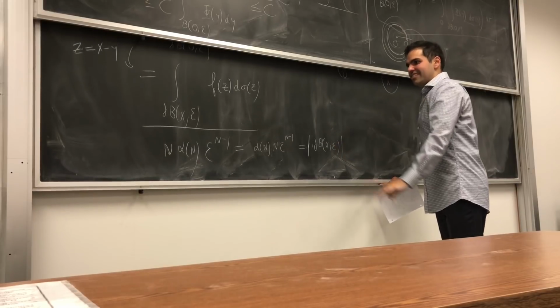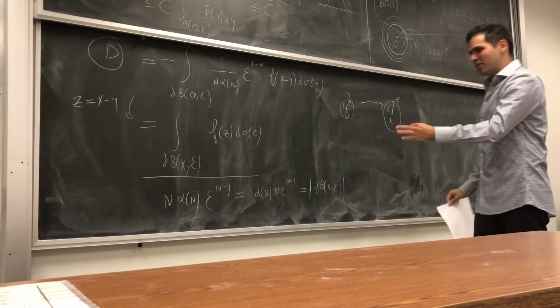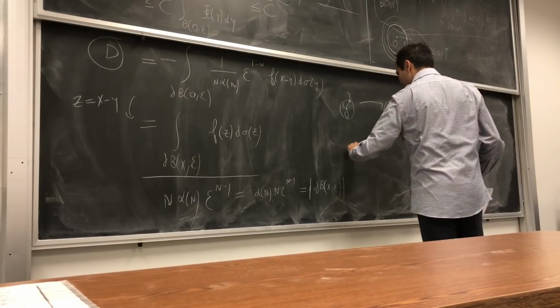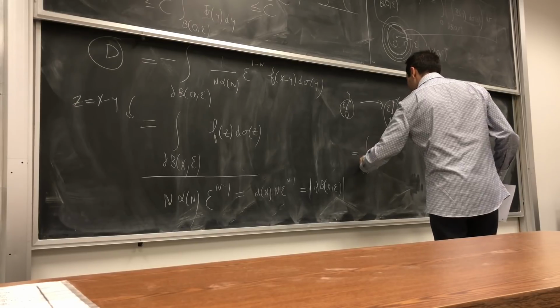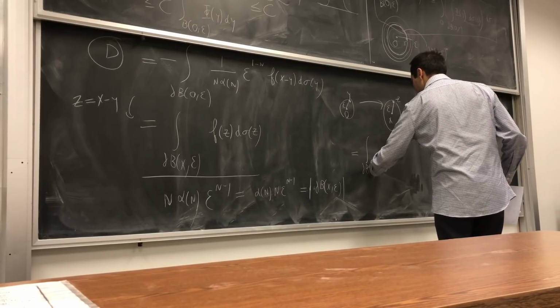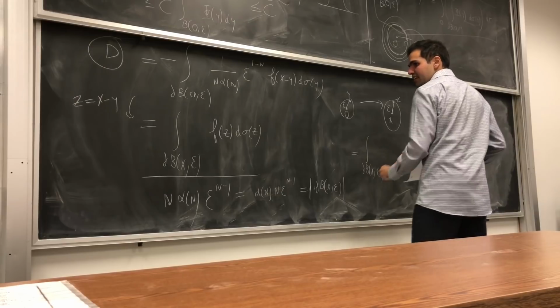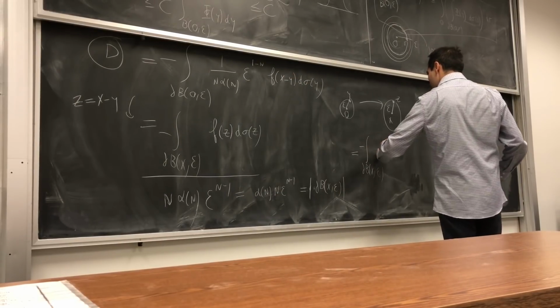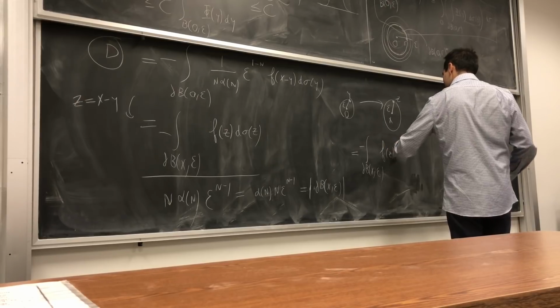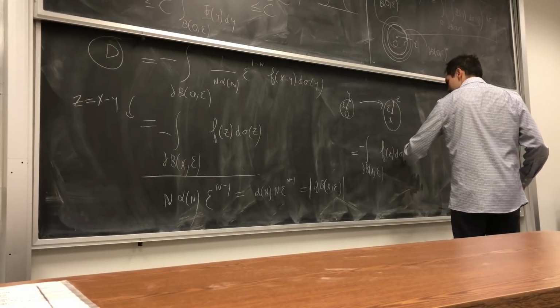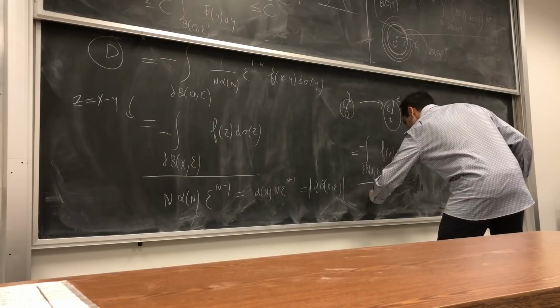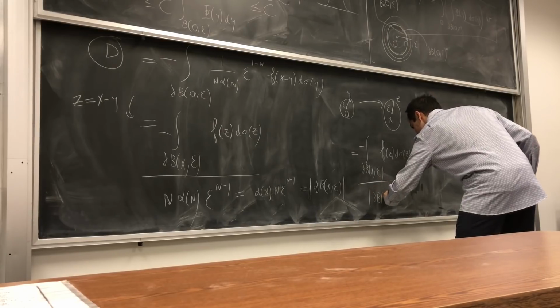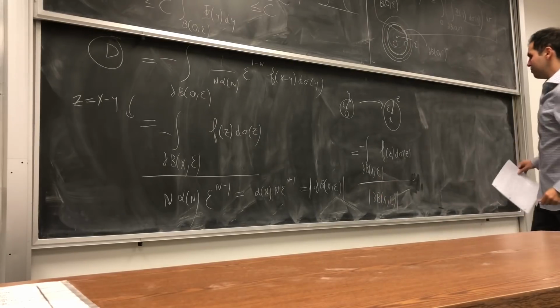So in other words, this weird term becomes the following: minus the integral over B of x epsilon of f of z d sigma z, I forgot the minus sign, divided by the measure of that ball.